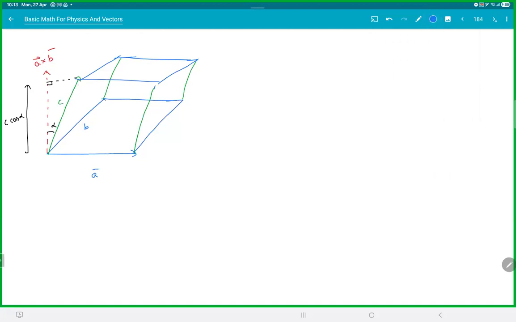So what is the volume of a parallelepiped? Base area into height. And what is alpha here? Alpha is the angle between C bar and A cross B bar. Now if you combine this, the base area is mod A cross B bar, height is C cos alpha.